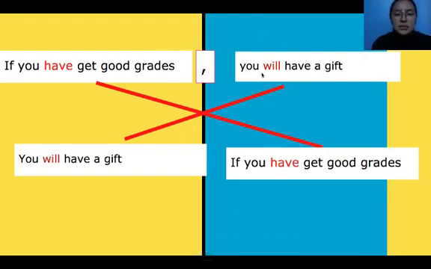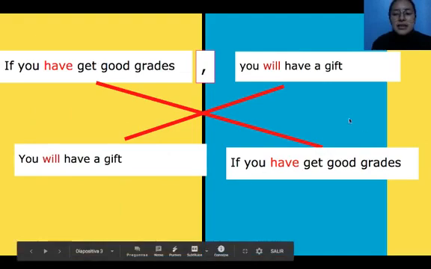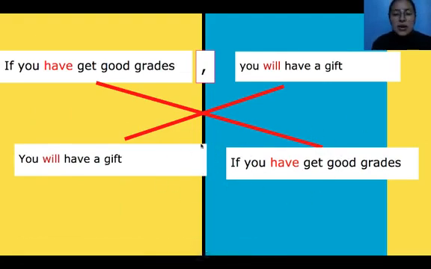You have to look at this. When you write if in the first part, the condition, you have to put a comma, and you have to write the other sentence in future, okay? But when you change the sentence, for example, first the sentence with will and then the sentence in present simple, you don't have to write the comma, okay?